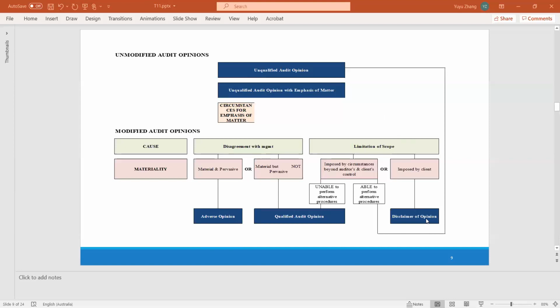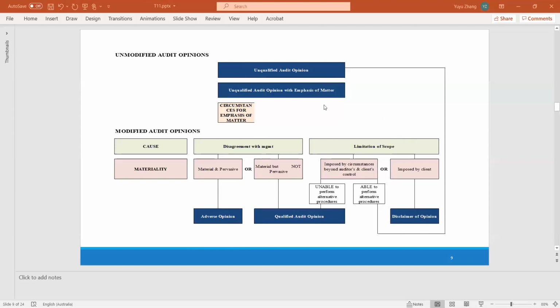However, in our theoretical questions, for example, the questions you see from the final exam, you just follow the decision tree. So first, is this unqualified? Are there any things that need to be emphasized?